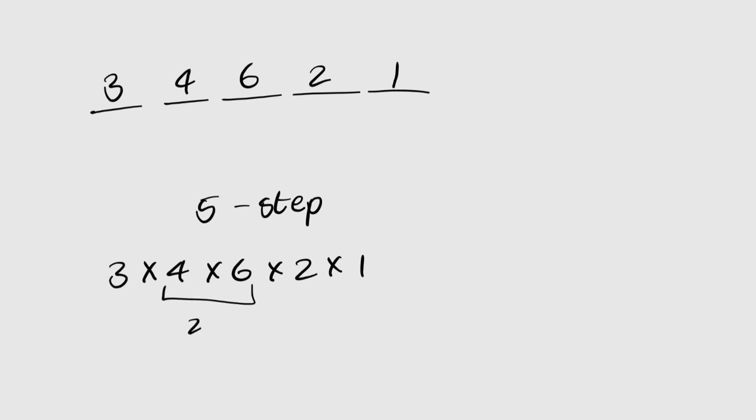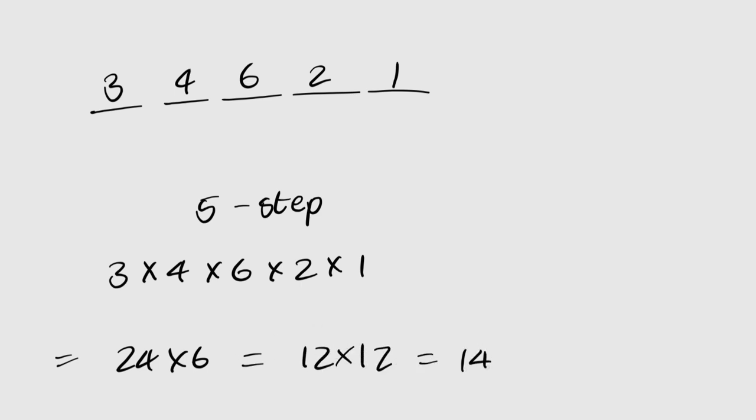This here is equal to 24. 3 times 2 is 6, so 24 times 6, that's equal to 12 times 12, which is equal to 144.